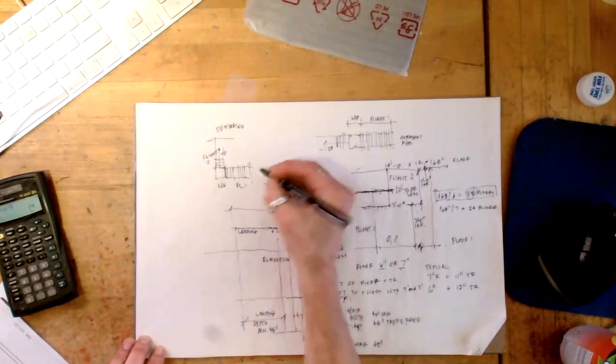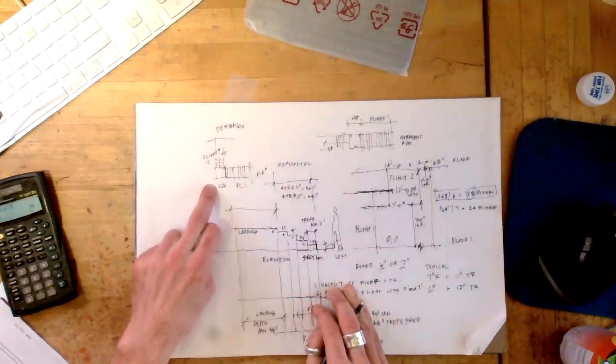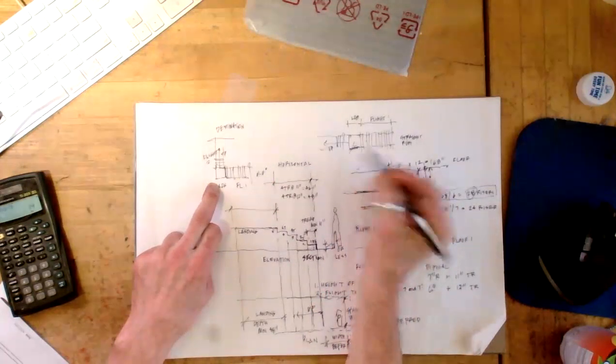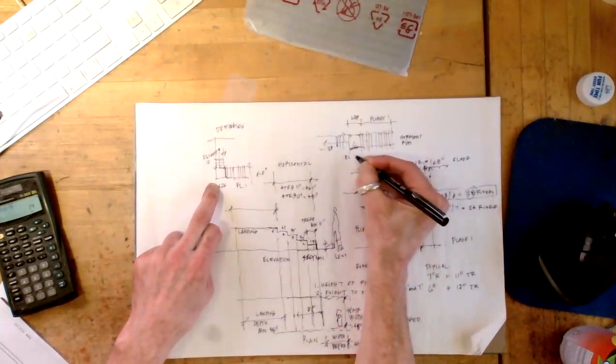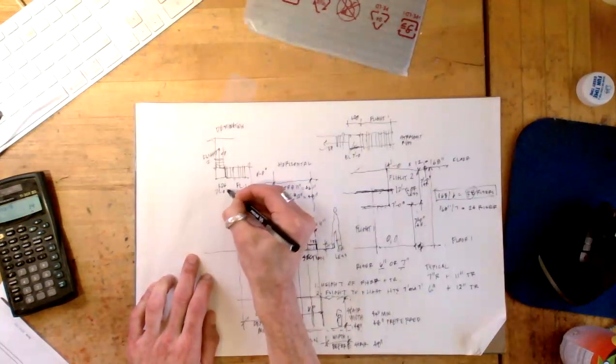Your starting point is at elevation 0, 0. When you reach this landing, you're at elevation 7 feet 0. So this is 7 feet 0.